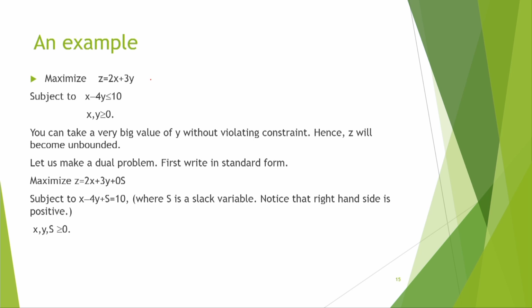So it is unbounded, hence z will become unbounded. Now let us make the dual problem. For making the dual problem, let me write in the standard form. So x minus 4y plus s is equal to 10.